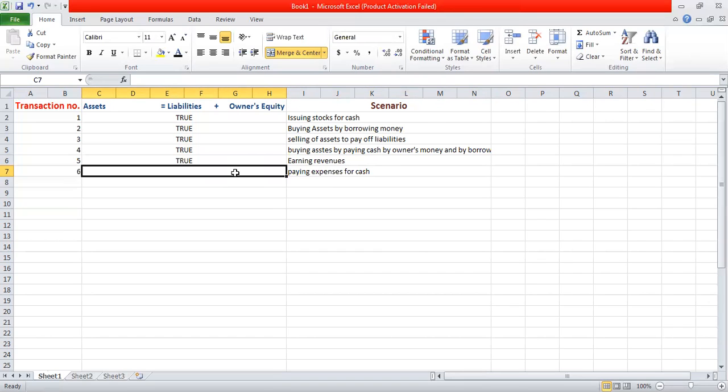Now you are giving cash, so there is a decrease on the asset side, and also a decrease in the owner's equity. You can see both sides are equal.